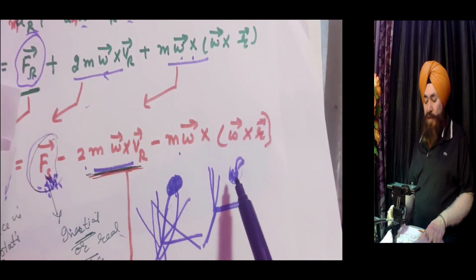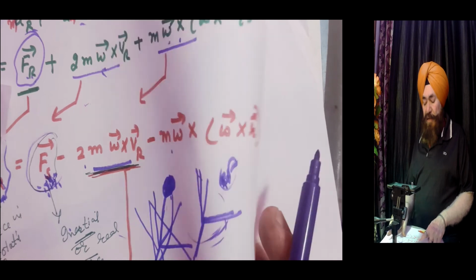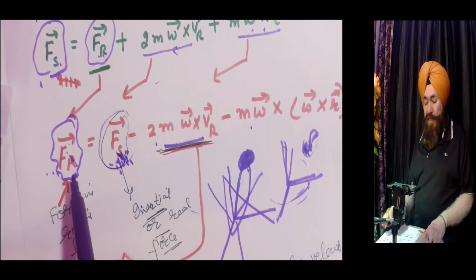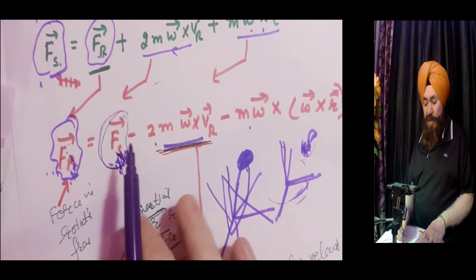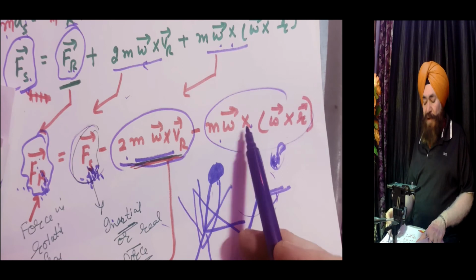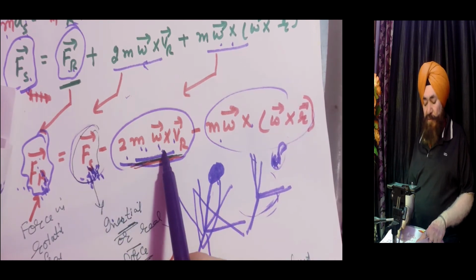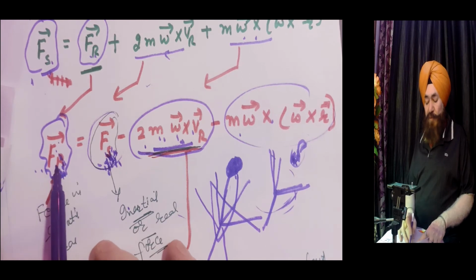But when you are observing the same particle from the second frame which is rotating, then you have a different expression of the force. From the real force, there are two more terms which are subtracting. So this is the force from the rotating frame.